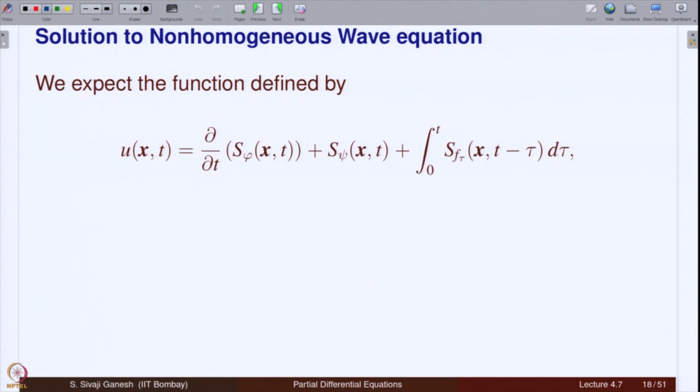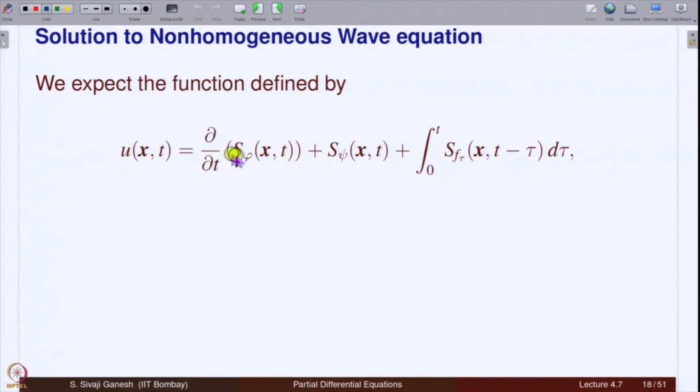Now, we expect the function, this is precisely S y0 dash, where y0 is phi and y1 is psi in the context of the wave equation. This is S y1, and this is the integral from 0 to t of S f tau, where we now write f subscript tau, of t minus tau, with the x dependence as well.